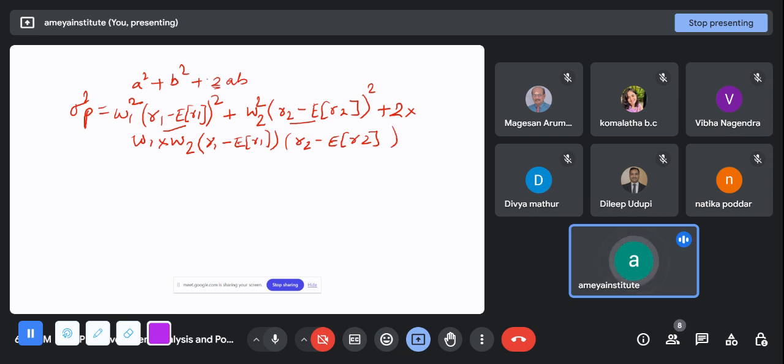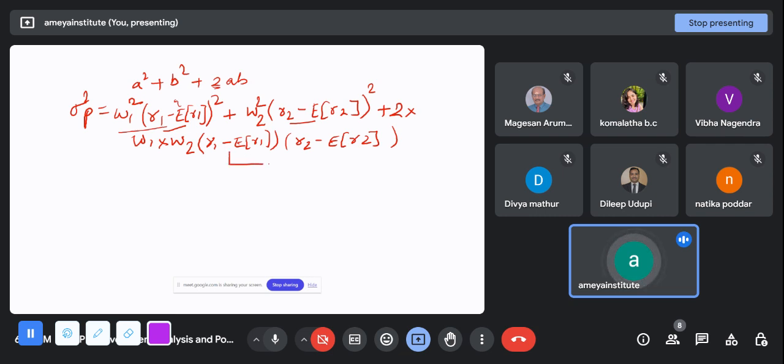So we can write this formula in the same concept. Now what happened here? This whole part was your a square, this was your b square, plus 2 into ab. ab is nothing but weight of 1 into weight of 2 into return of 1 minus expected. So it means 2ab we have derived here.